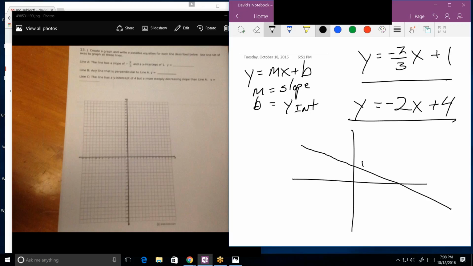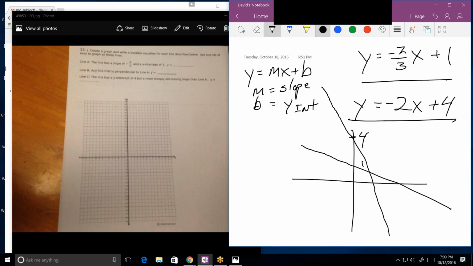Now if I look at my second line, the answer to C, the only thing it has to do is go through 4. They said it was still negative, but more steeply decreasing, which basically means it's still a decreasing slope, decreasing meaning negative, but it's steeper than the first one.